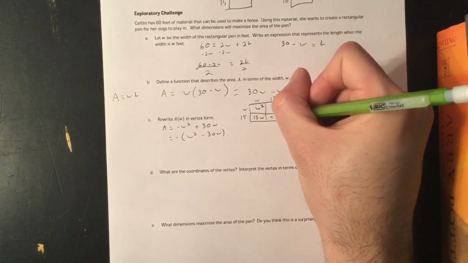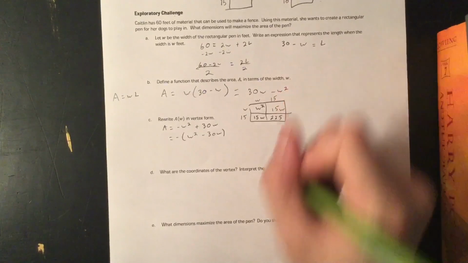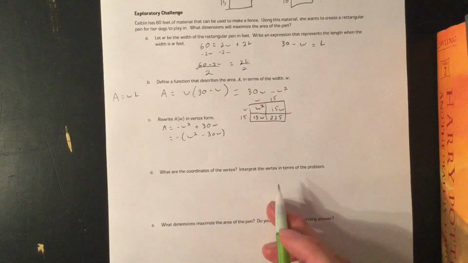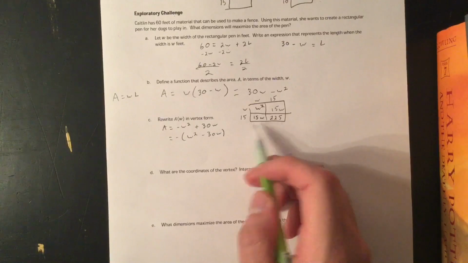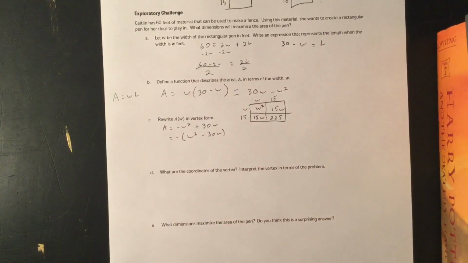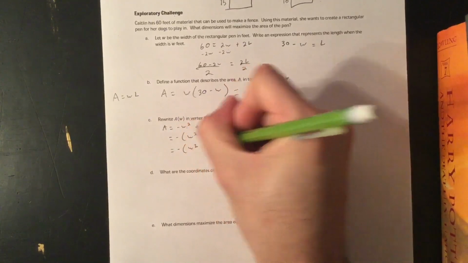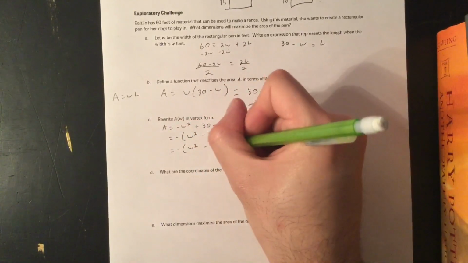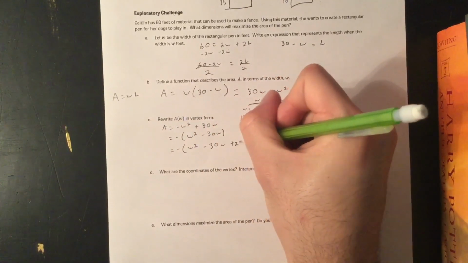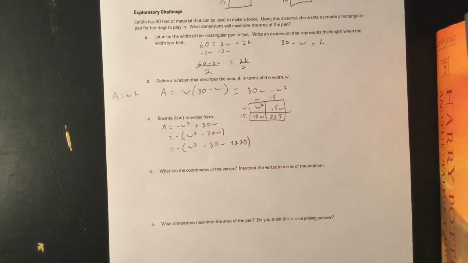Then 15 times 15 is 225. So then we would put this into the equation over here. So now we have negative W squared minus 30W plus 225. That would complete the square.